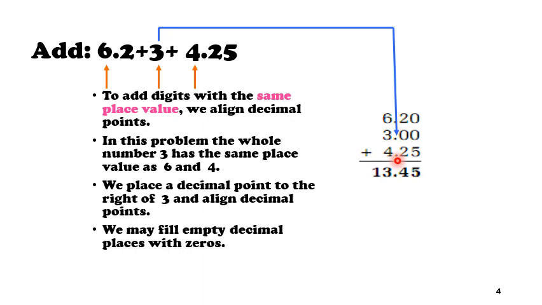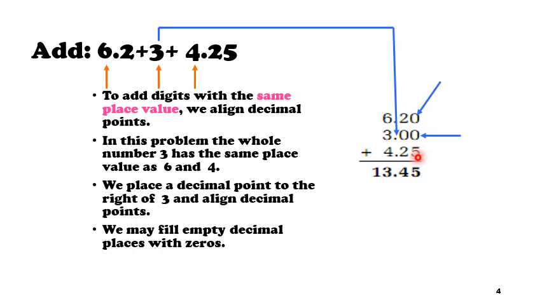Then we may fill the empty decimal places with zeros. I have 2 decimal places here. I can put zeros as placeholders. And here also I can add 0 as a placeholder.